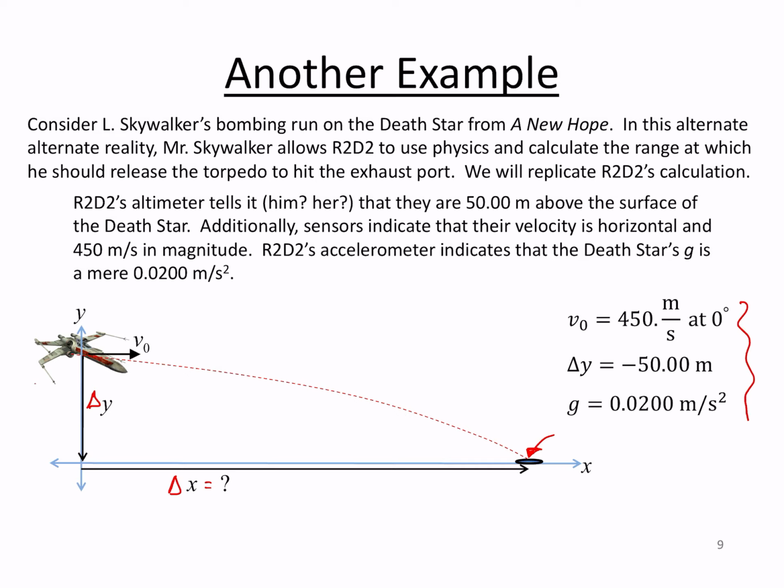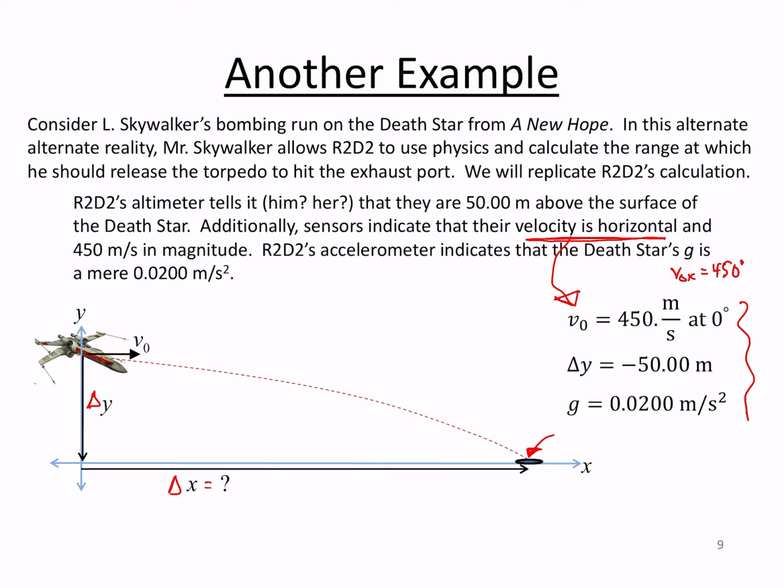All right. Now, I say in the problem, and this is often done, that their velocity is horizontal, okay? And what I've done is translated that into vector land here, okay? And what furthermore that tells us is that the x component of the initial velocity is the whole vector, right?